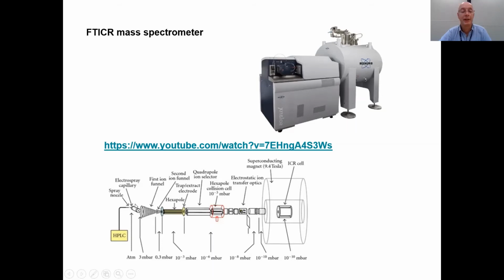So this is a schematic of the FTICR. This is your ion source, this series of ion guides, and packets of ions are sent into the ion cyclotron resonance cell, which is within this. And here, this is a 9.4 Tesla superconducting magnet. And I can show you a video of how this FTICR works.